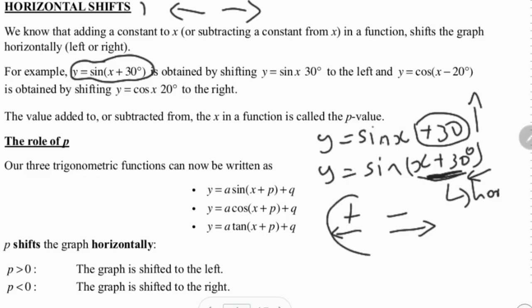But just remember with your trig functions, positive means left and negative means right. So with y equals sine of x plus 30, the graph of sine of x will shift 30 units to the left because it's a plus.